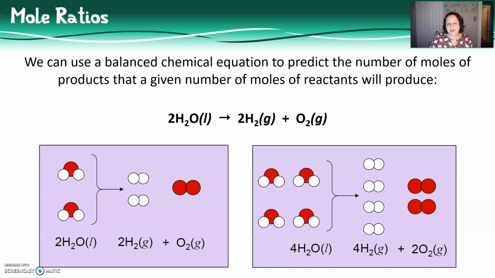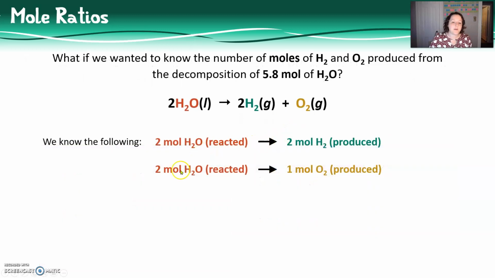However, not all values that we work with will be this simple, and when dealing with moles, it becomes increasingly difficult to visualize the actual number of particles since a mole is such a large number. So, what if we wanted to know the number of moles of hydrogen and oxygen produced by the decomposition of 5.8 moles of water?